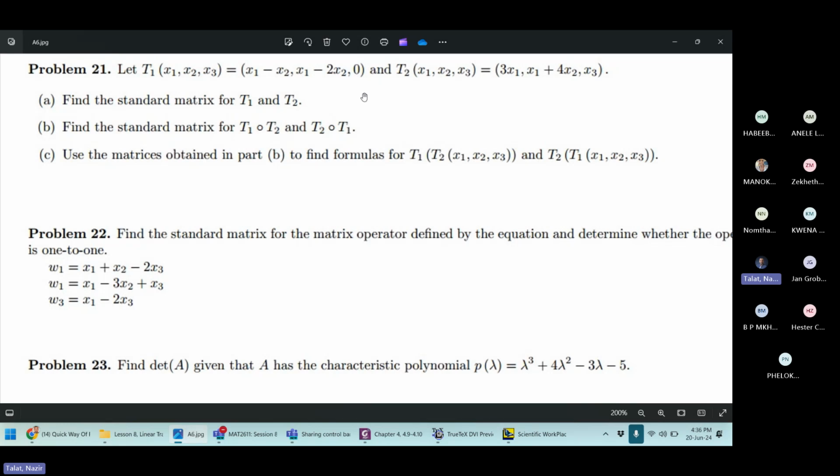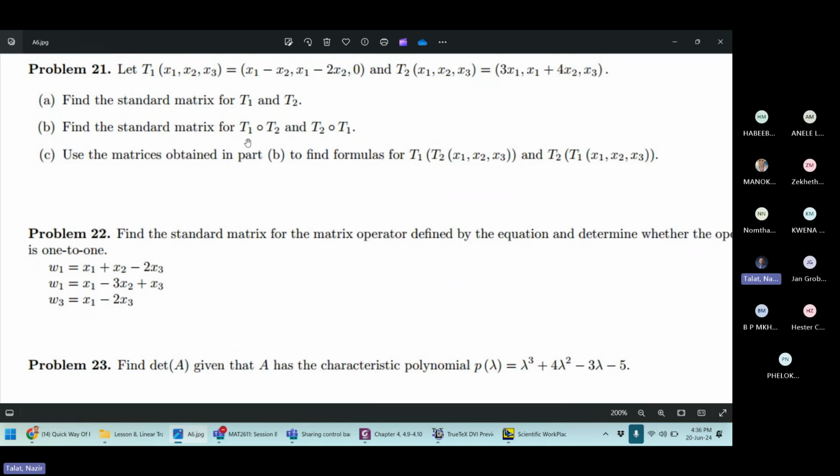And similarly, find the standard matrix of T1 o T2. So if you have the matrices of T1 and T2, then you can multiply them, because T1 o T2 means you just multiply the first matrix with the second matrix as you obtained from part A, and their product gives you T1 o T2, and similarly T2 o T1.